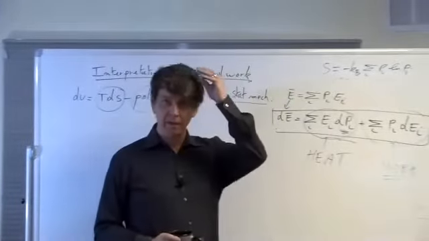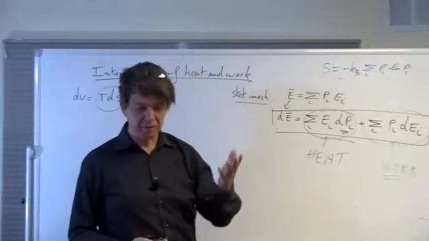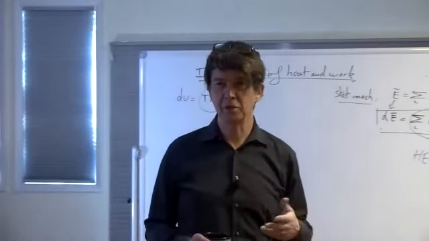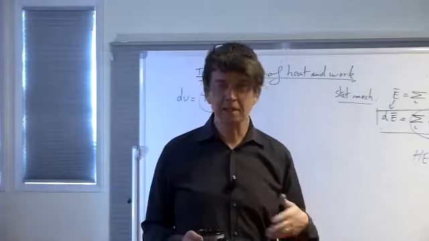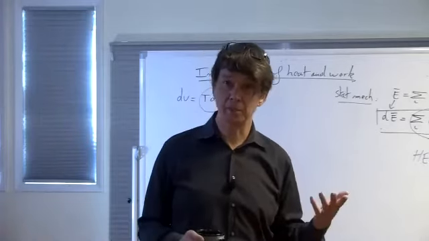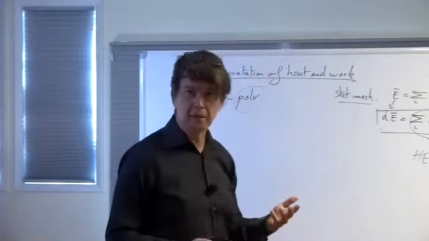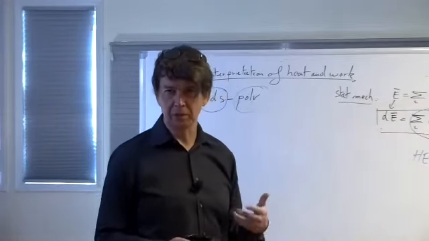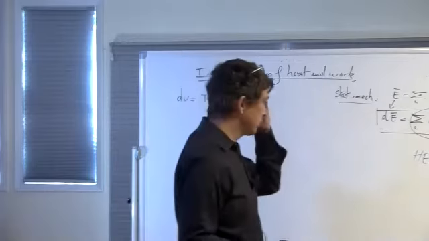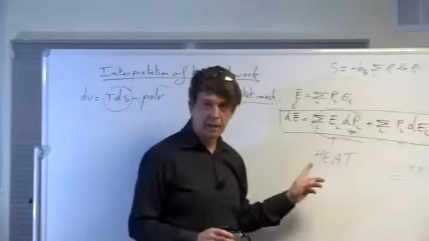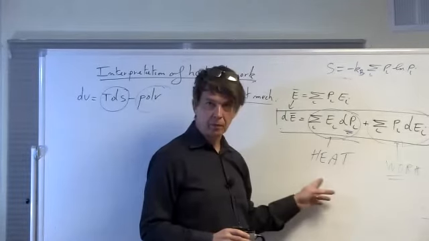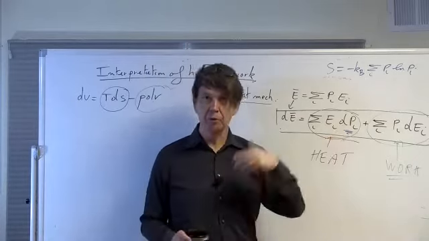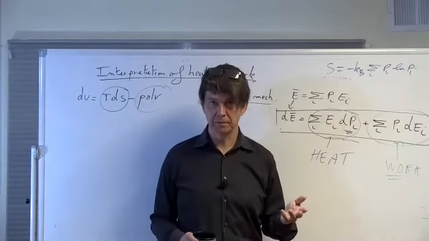So, remember the beauty of this. All these people in the 1700s and 1800s that were trying to figure out the difference between heat and work, first figuring out that they both were units of energy, then later figuring out that they were kind of doing different things to a system, which is why we needed the second law. Now you see what they're doing. Heat without work changes the distribution of your system across energy levels.